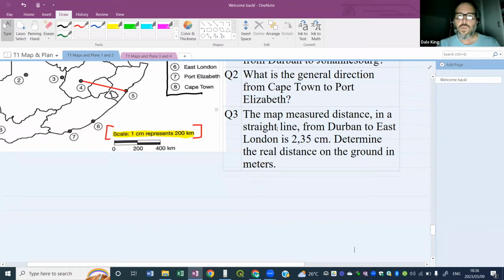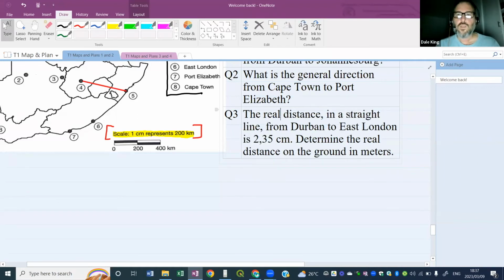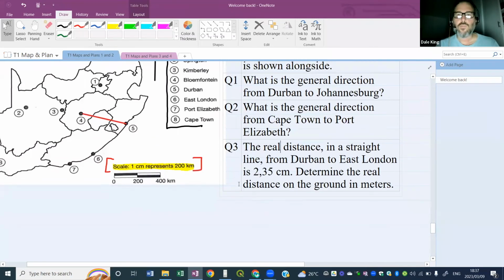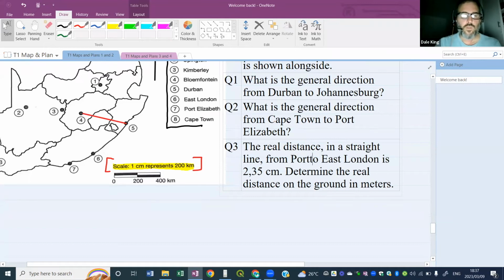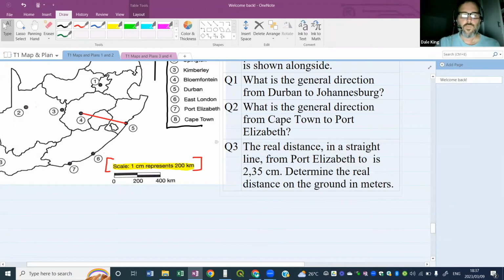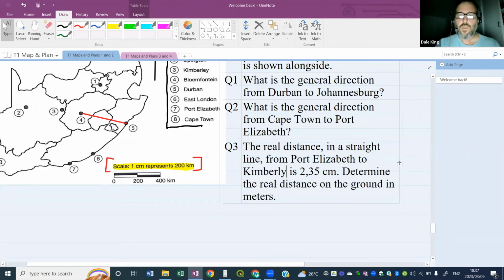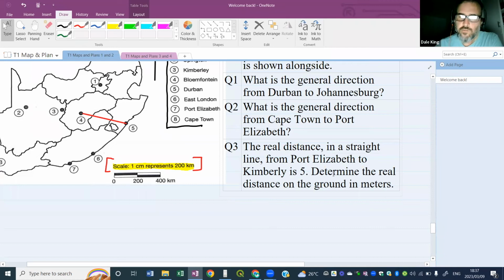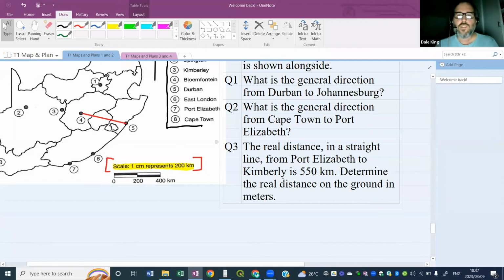So what I'm going to say is the real distance in a straight line from, let's take Port Elizabeth to Kimberley, is 550 kilometers.